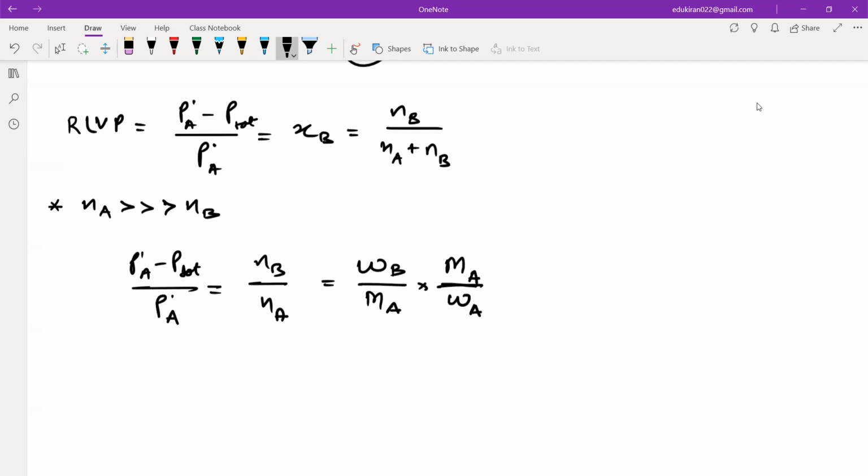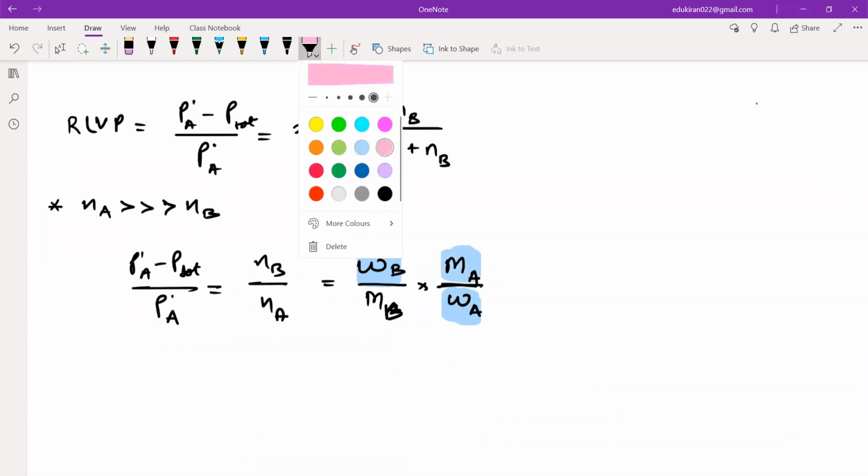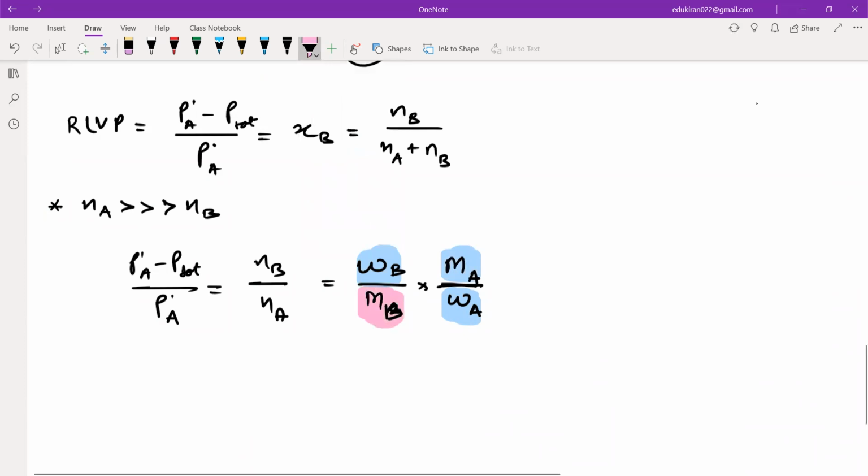So given mass of B upon molar mass of B into the molar mass of A upon the given mass of A. So what are the given masses? We already know WB, WA, because we are making that solution. What we don't know is MB, the molar mass of B. And that we can calculate.